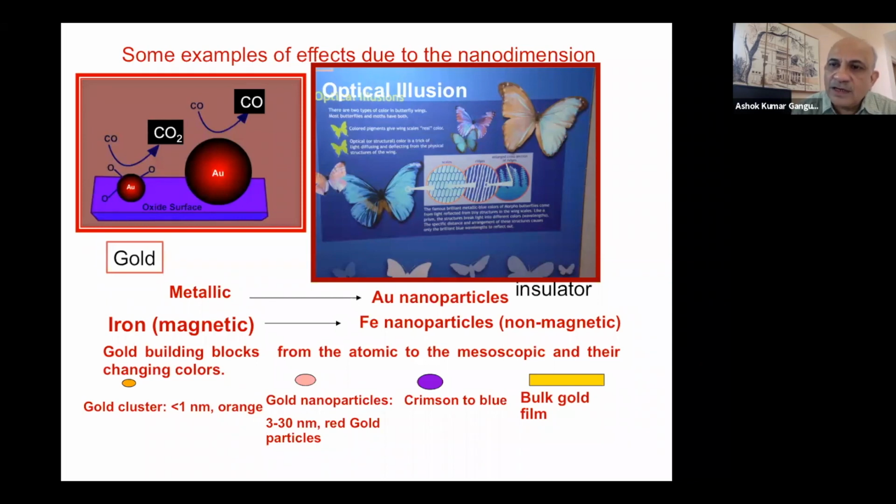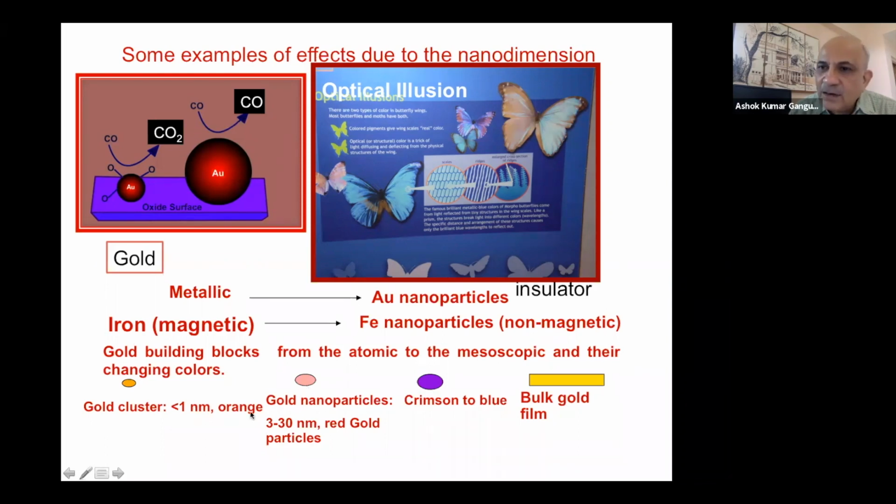This is very important for strategic defense purposes, and also in textiles, where we can change colors with the same material. Magnetism can be changed. Iron is magnetic, all of you studied that in school, but I can make non-magnetic iron by just changing the size of iron particles. Gold, I already told, can change colors from yellow to blue to red, orange.